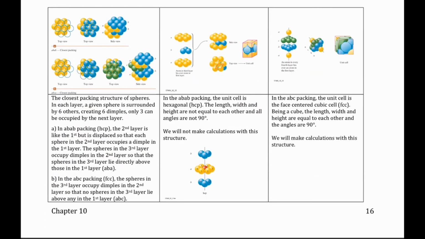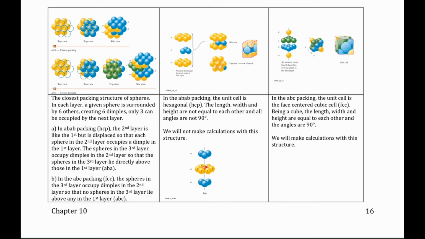Alrighty, now these diagrams are a little bit hard to see perhaps here, but in the activity on the closest packing crystalline solids, you'll be working more with these and it'll make it a little bit clearer. But here's the best that I could do.